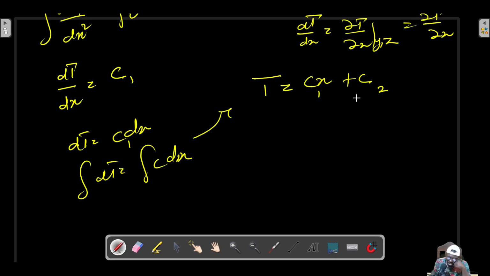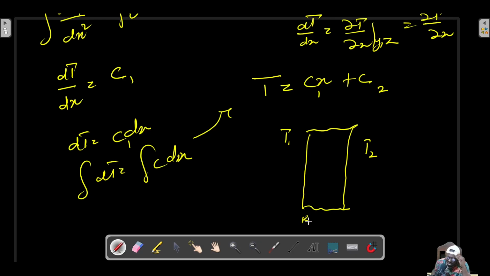Now, what do we have to do? The only thing left for us to do is to apply certain boundary conditions. Now, after drawing my plane wall, what did you realize? You realize that this particular face was at a temperature T1 and this particular face was at a temperature T2.